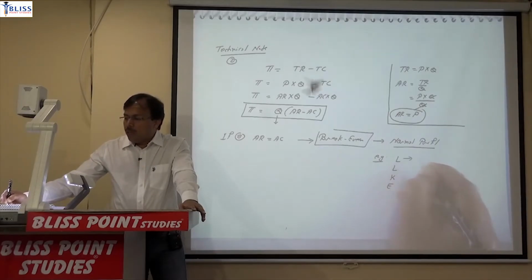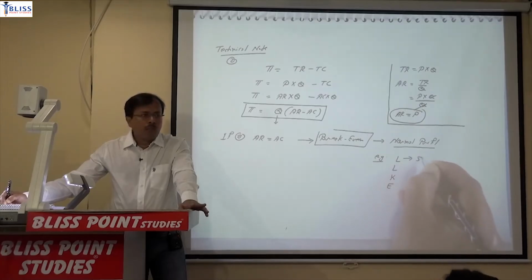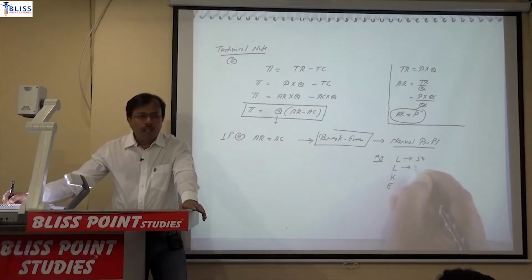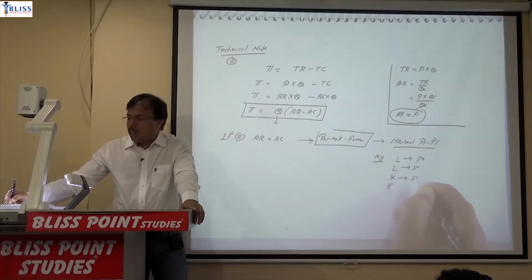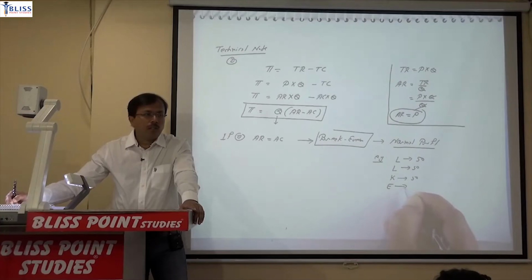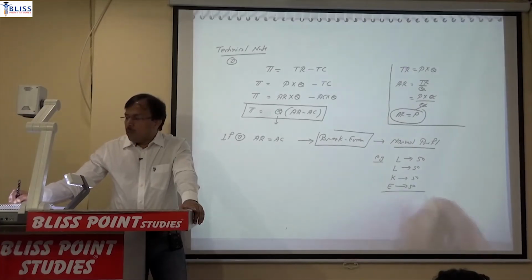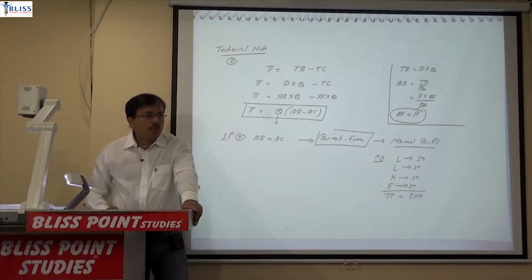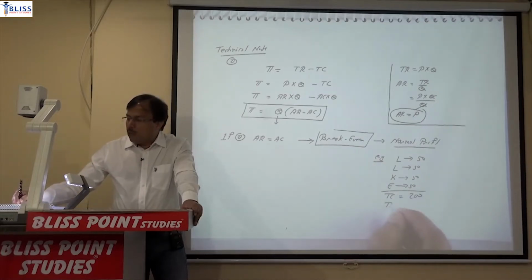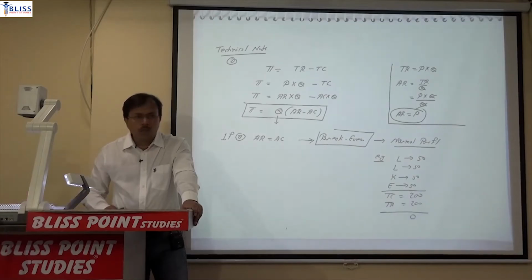To labor you pay wage, suppose 50. To land you pay rent. To capital you pay interest and to entrepreneur profit. तो अगर हमने सारे ऐड कर दिए तो ये टोटल कॉस्ट आ गया. If revenue is also 200, then you will say that profit is 0.